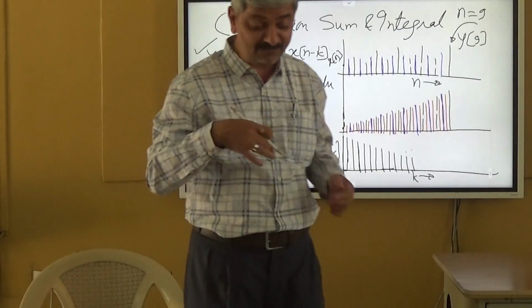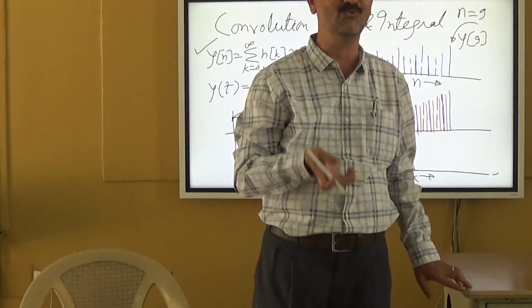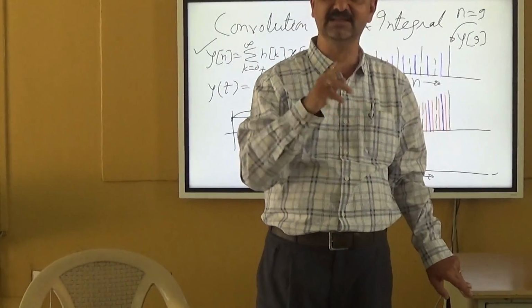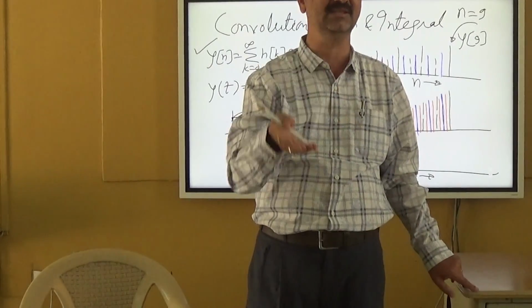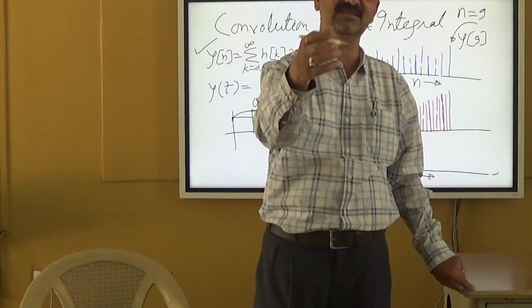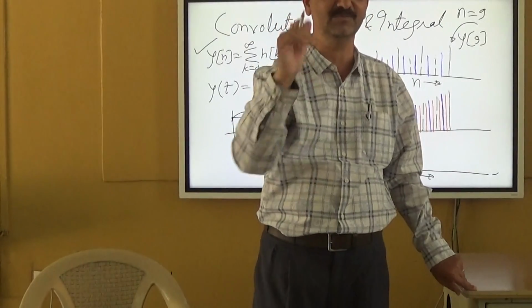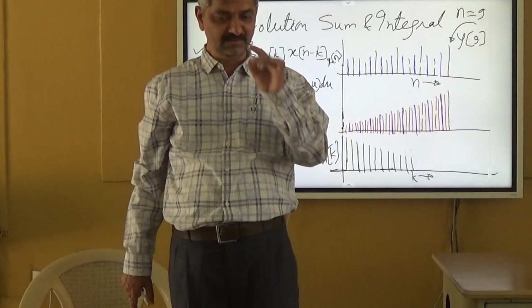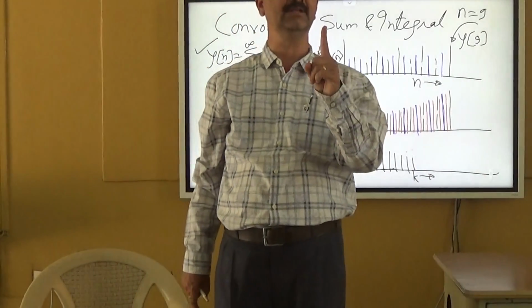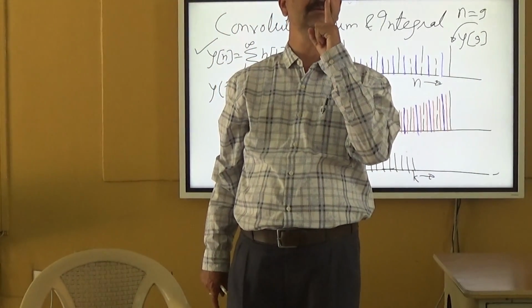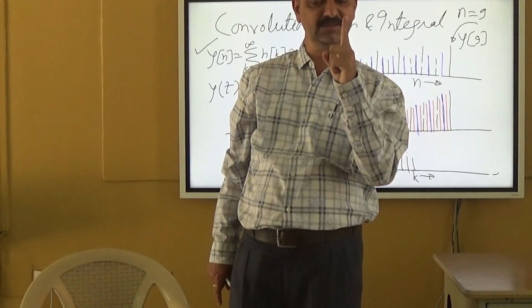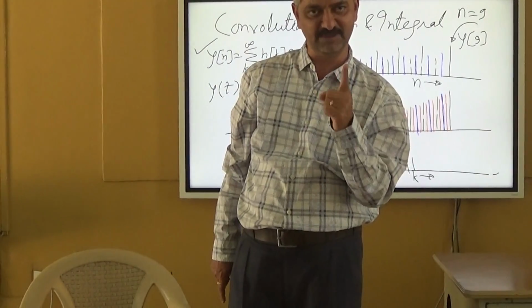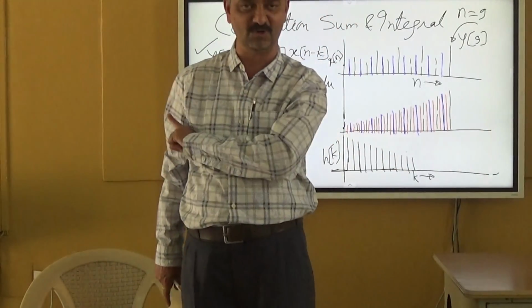Now if I extend this, what would be the ultimate thing? Double the sampling rate, double the sampling rate, continuously. It means that my delta T is tending to 0. My current output sample is current input sample into some constant plus just previous input sample into some other constant plus and so on.